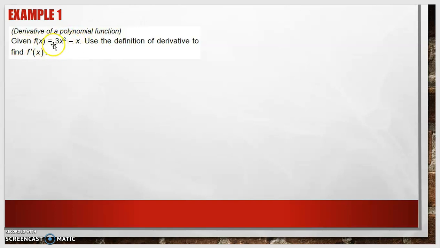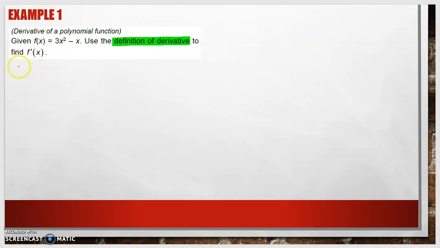Given f(x) equals 3x squared minus x, use the definition of derivative to find f prime x. First, the question requests using the definition of derivative. So first you have to remember this: only if the question mentions the definition of derivative do we use the formula.